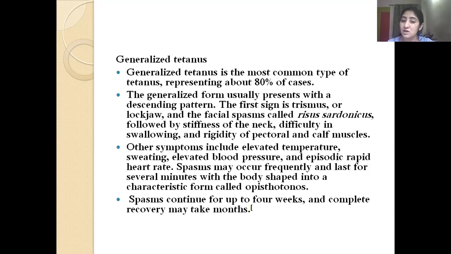Spasms may occur frequently and last for several minutes, with the body shaped into a characteristic form called opisthotonus. Spasms continue for up to 4 weeks, and complete recovery may take months.